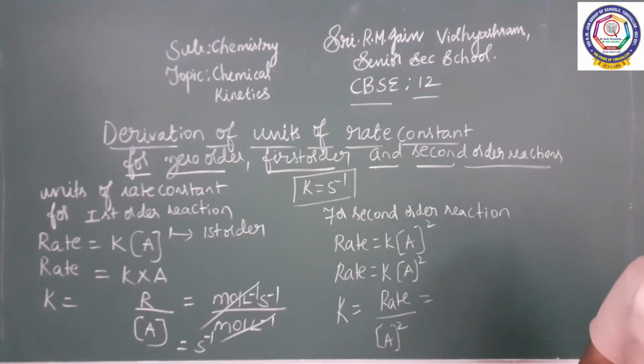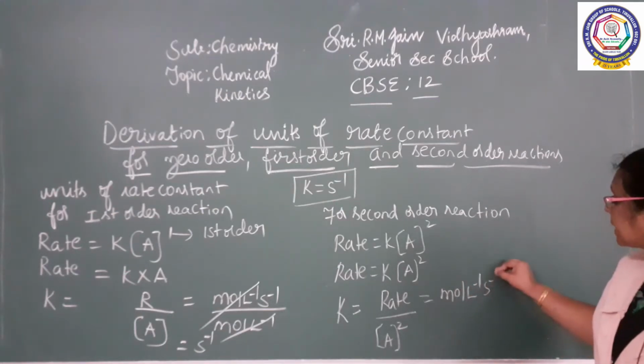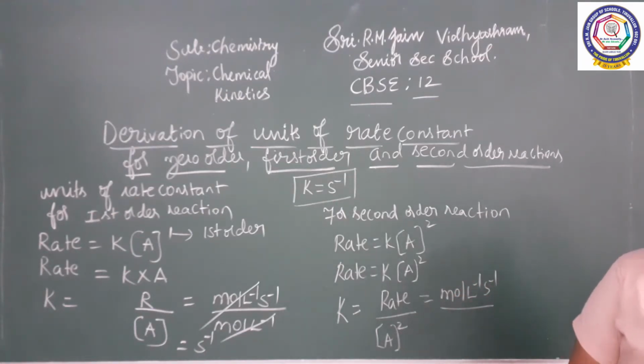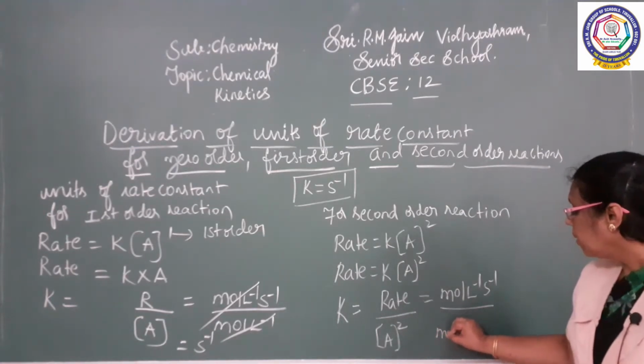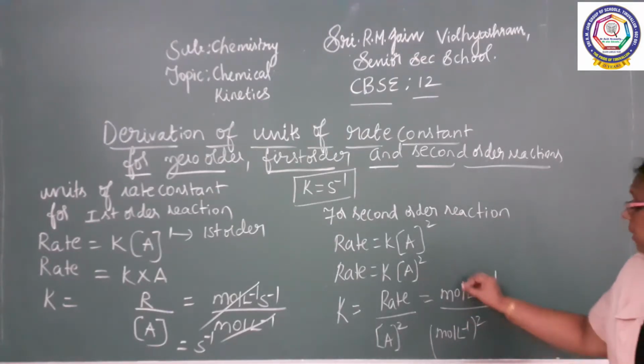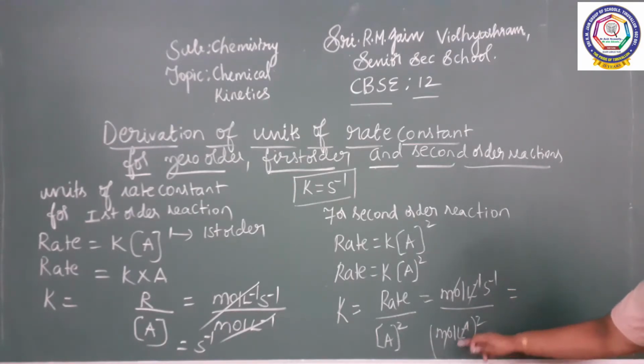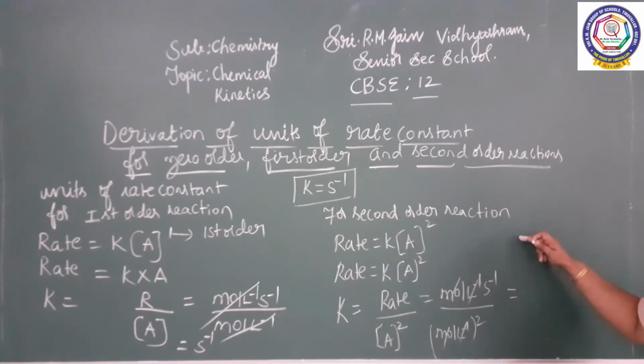What is the unit for rate? Moles per liter per second. For A square, it is moles per liter whole square. Mole gets cancelled, and mole square becomes mole power minus 1 when it moves. So we get liter, mole power minus 1, second inverse.